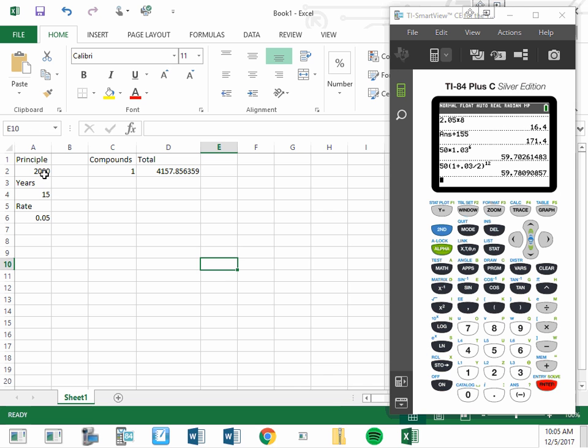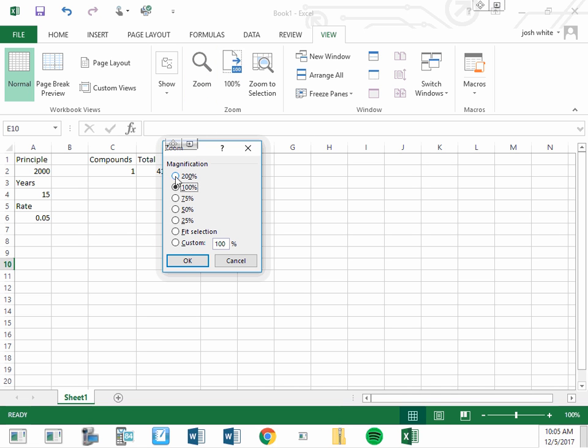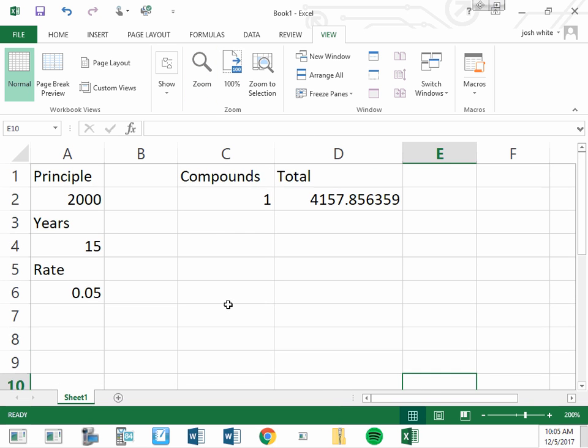So if we start with $2,000, we leave it in the bank for 15 years at 5%, and we compound once.